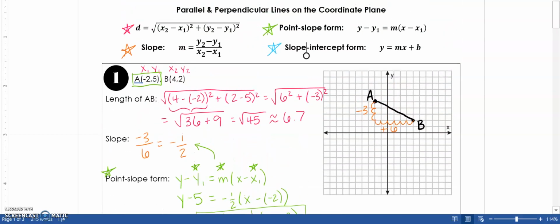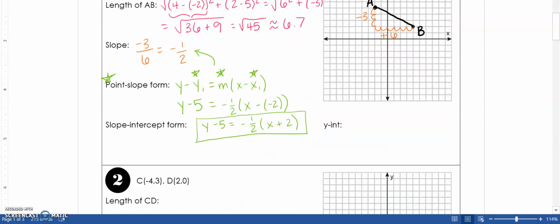The difference between these two equations is that in point slope form, I have the y's grouped together and the x's grouped together, but in my slope intercept form, it's actually solved for y. So that's what I'm going to want to do. I'm going to want to get everything away from my y value.